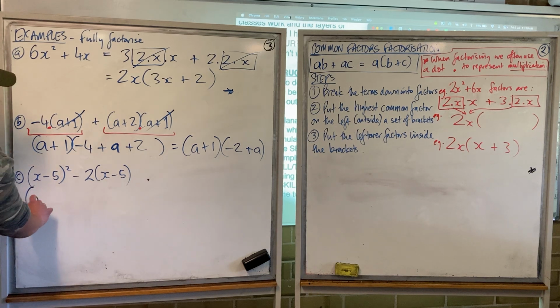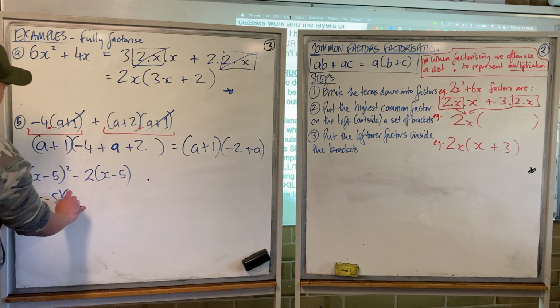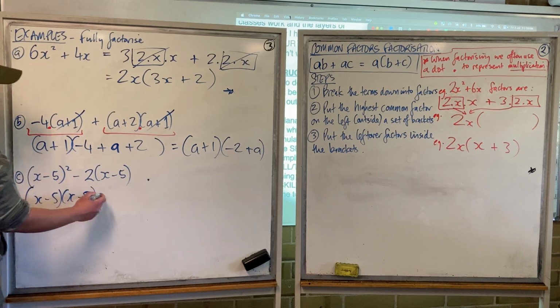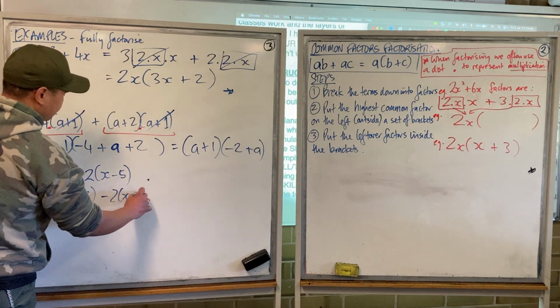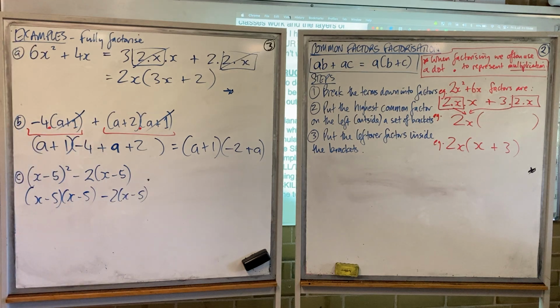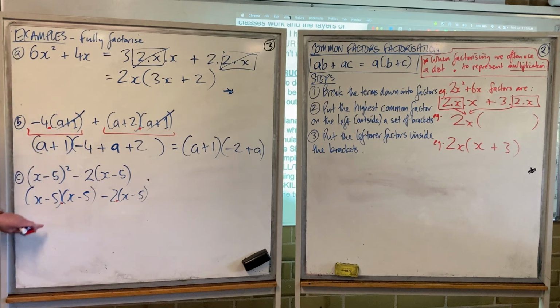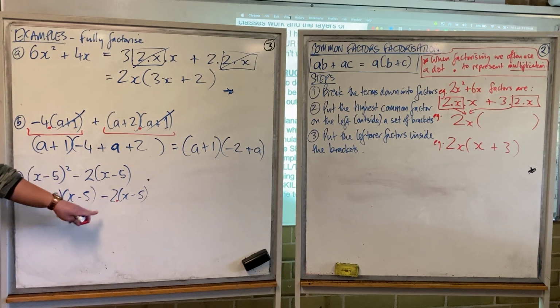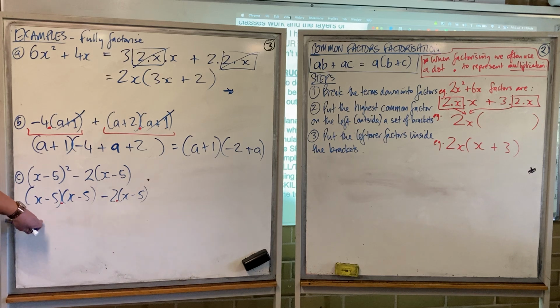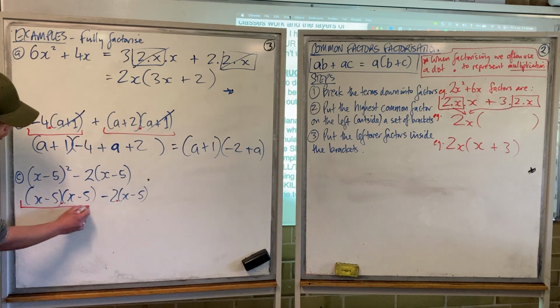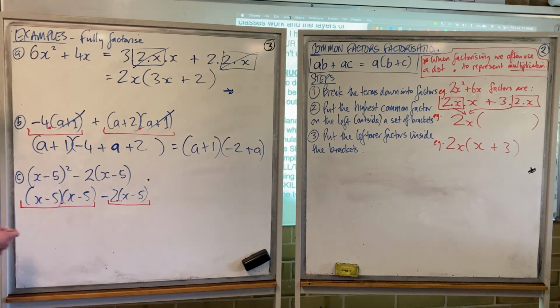I could write that as x take 5, bracket x take 5, and you've got the take 2, x take 5 left over. What's the sign in algebra that we don't write? So there's a times here, there's a times there. Is this already factored? This is factored. We've written it as something times something, take something times something else. What's the biggest chunk that's present in both of those things?